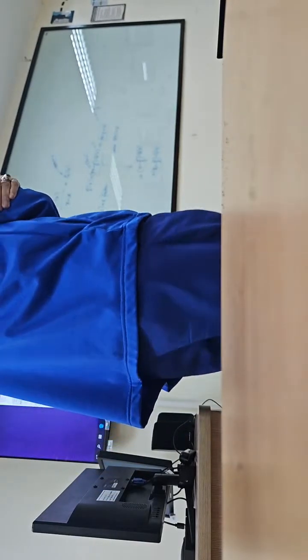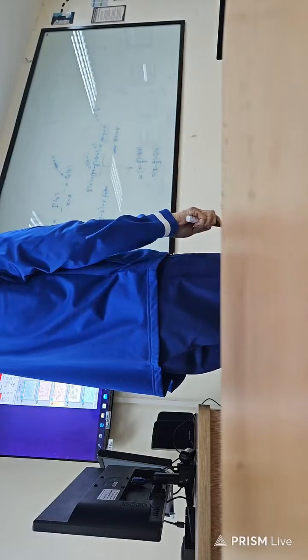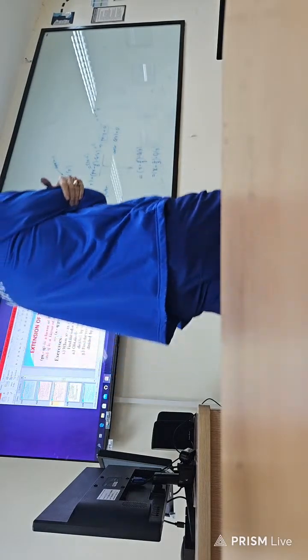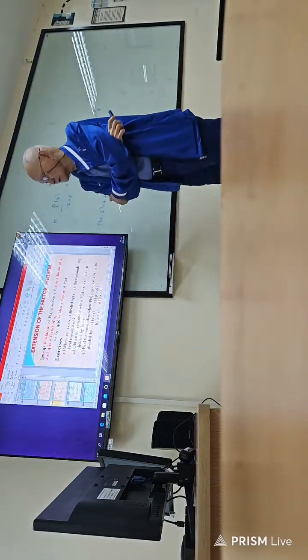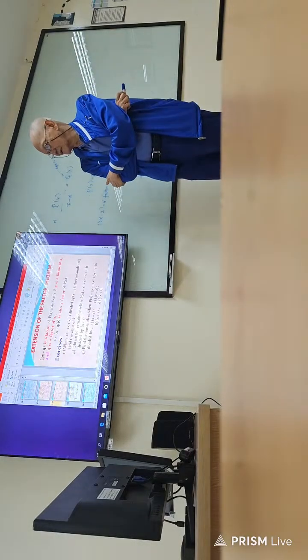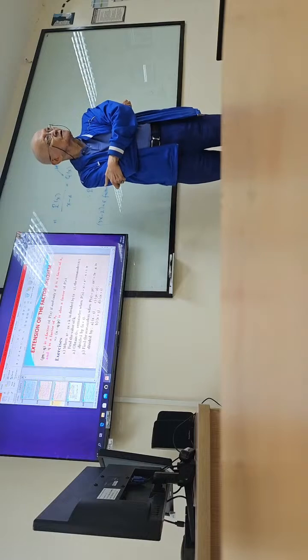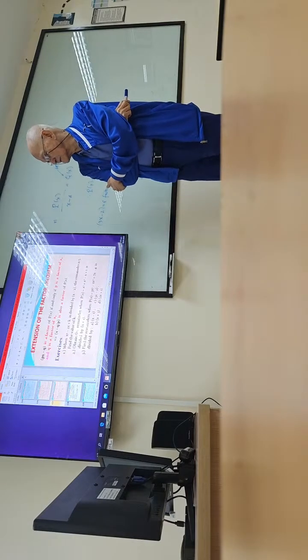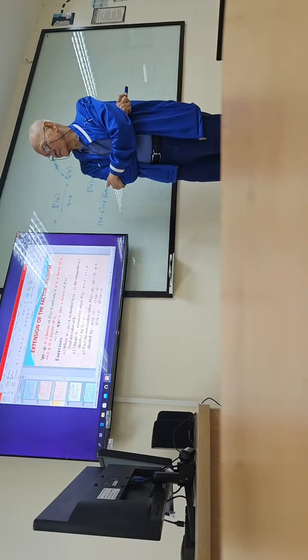Let's now work out these exercises here. Number 1. Take a look, please. When x cubed minus 2x plus k is divided by x minus 2, the remainder is 5. Find the value of k.